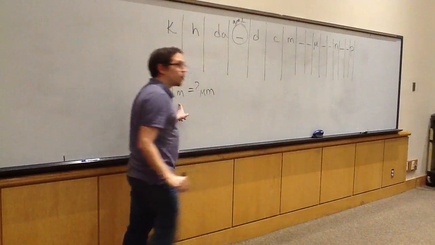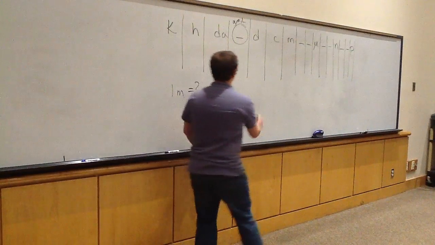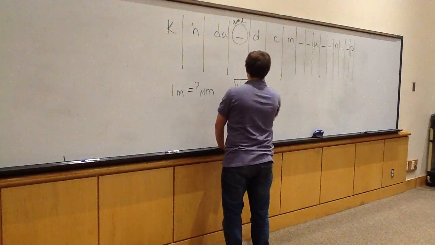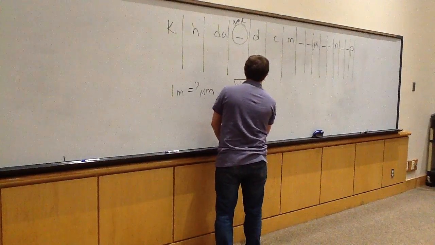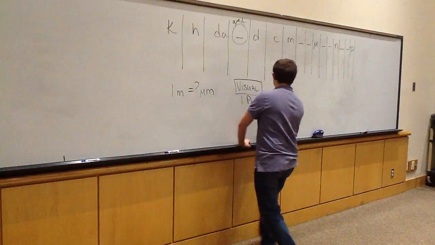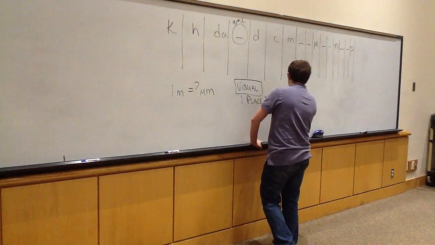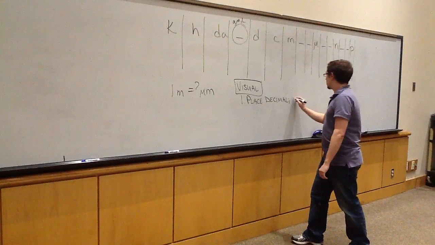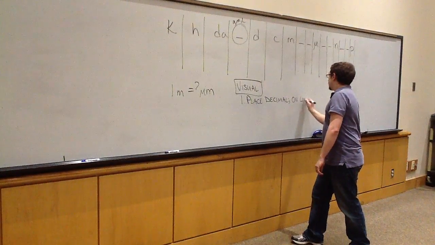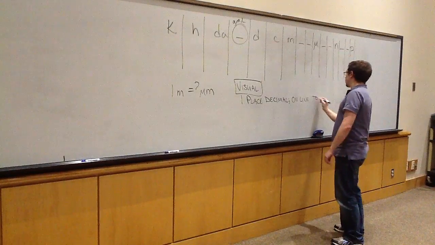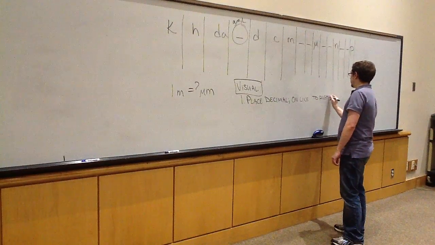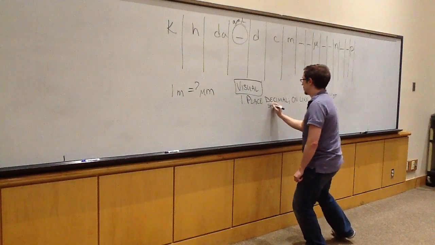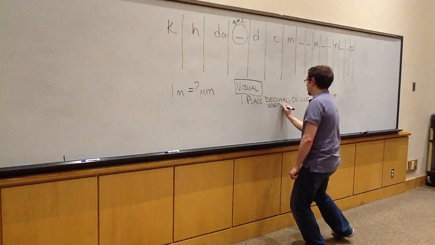Now the first thing I want to do with the visual technique, step 1, is to place the decimal. And I always place the decimal on the line to the right of my starting units.